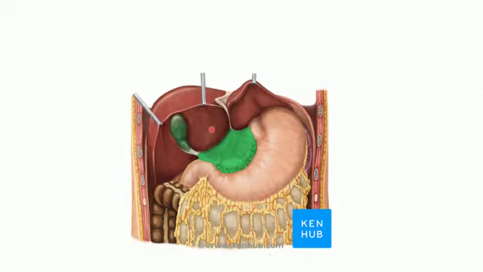Here the image shows the lesser omentum and its attachment to the caudate lobe and porta hepatis. You can see how it communicates with the lesser curvature of the stomach. And this is the neck of the gallbladder and the body of the gallbladder.